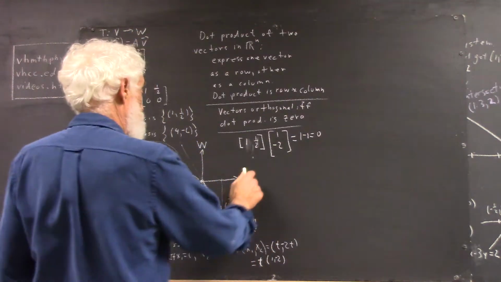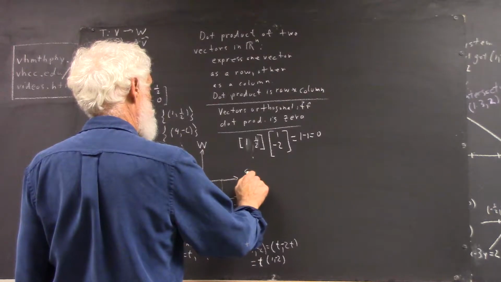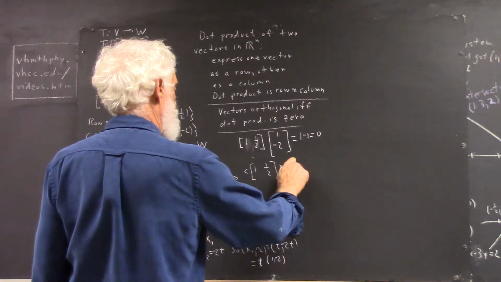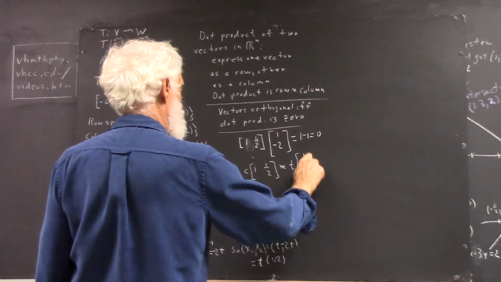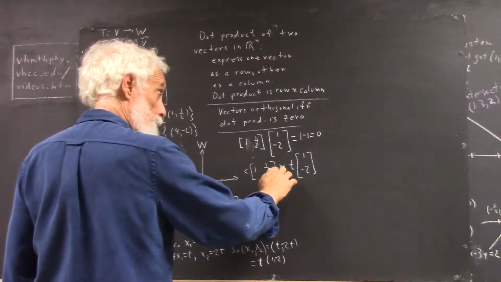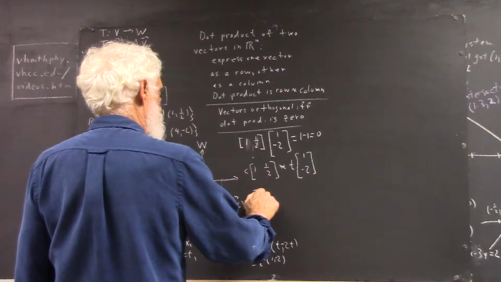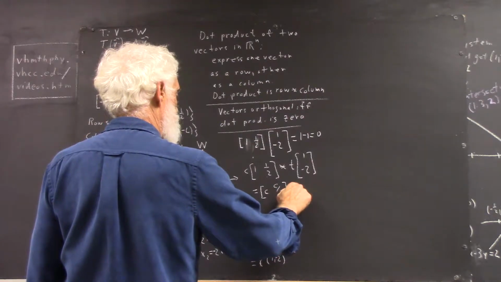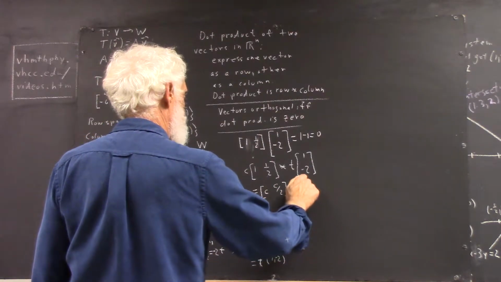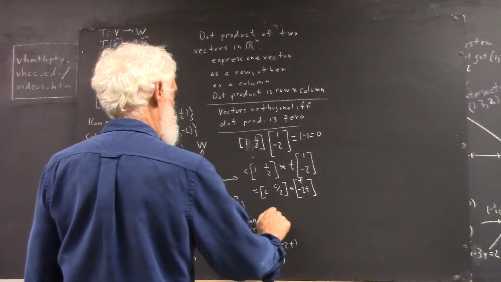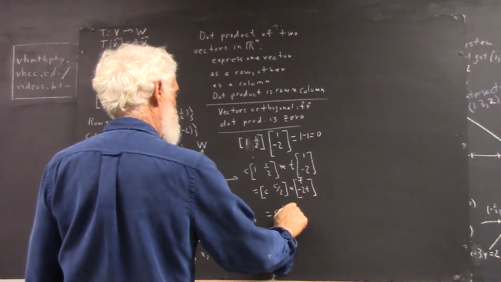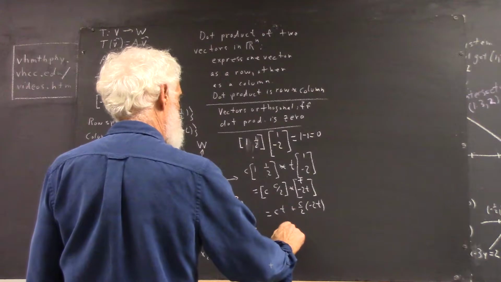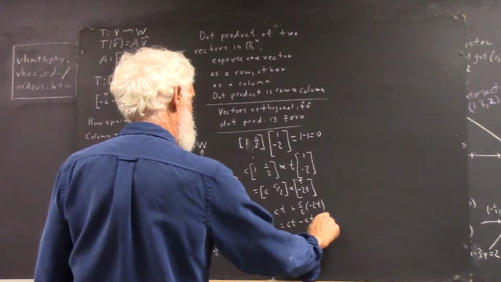So let's just say I take a multiple C times the 1, 1/2 row vector, T times the 1, -2 column. Well, that equals C times T plus C over 2 times -2T, which equals C times T minus C times T, which equals 0.